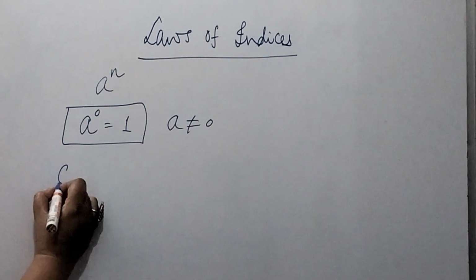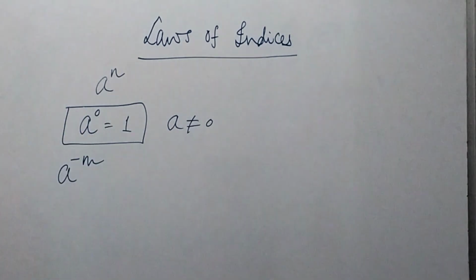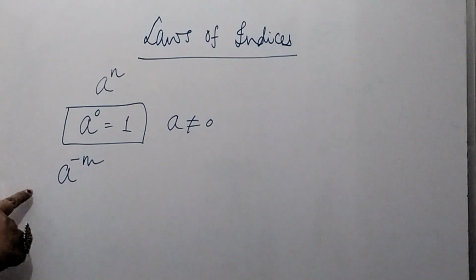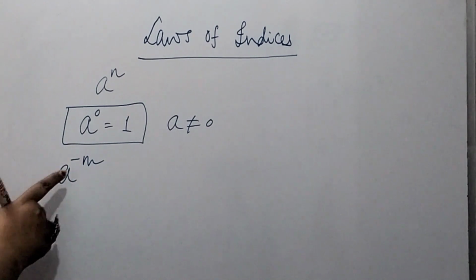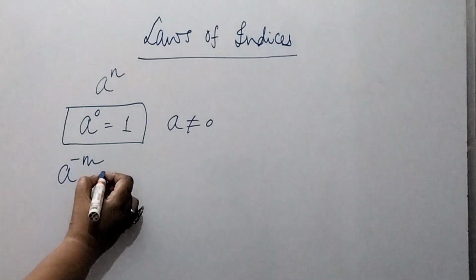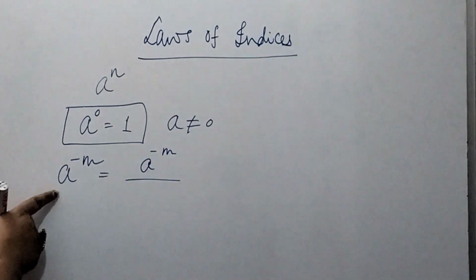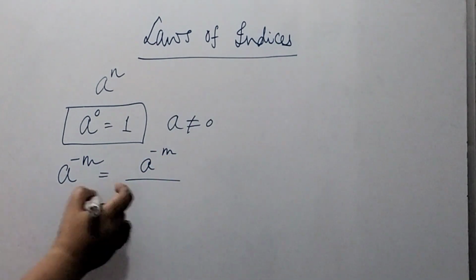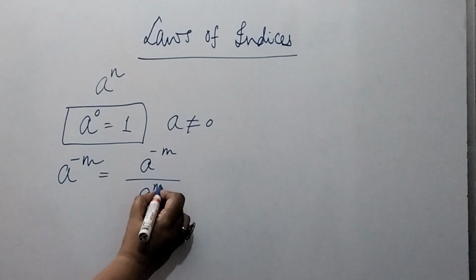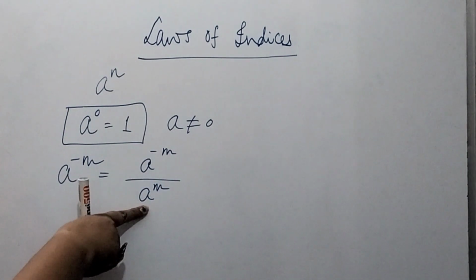Suppose I am considering a^(-m), where a and m are real numbers. Let's see how we can represent it in another form. If it is a^(-m), then obviously in the denominator we have 1. We can take a^m over there, that is 1 times a^m.